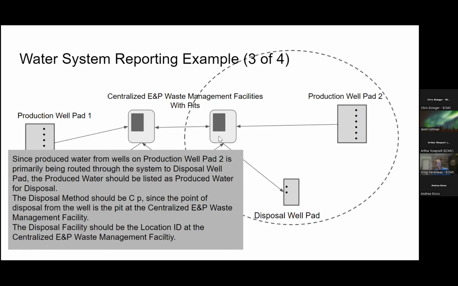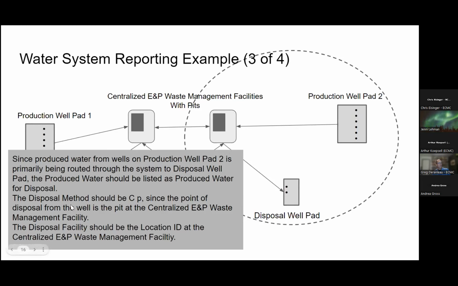So even though it's ultimately being disposed down a well, the first facility it's going to, where it's essentially marked as a disposal point, is the centralized E&P waste management facility. So that's the facility where we want to track the disposal to.